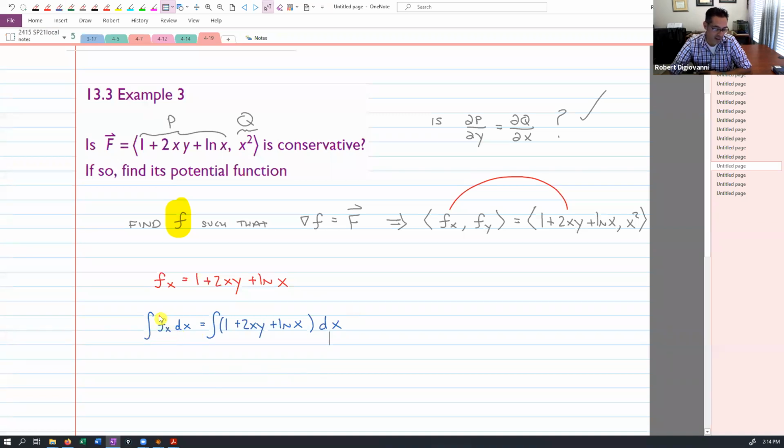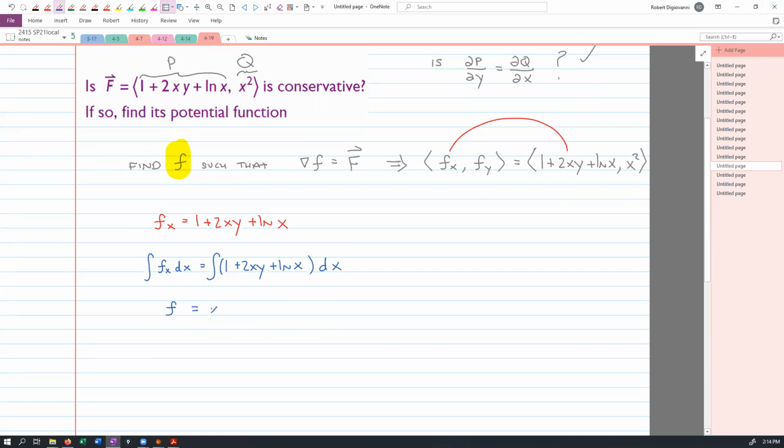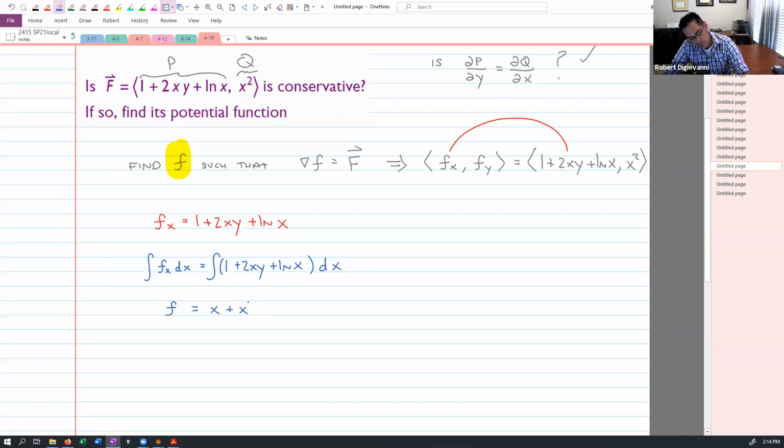It's like we're taking the antiderivative with respect to x of the derivative with respect to x. So the left side should just spit out little f, right? Now the right side, I'm taking the antiderivative with respect to x, we should get what? x plus xy squared, no, x squared y, right? Is that what I'm saying?